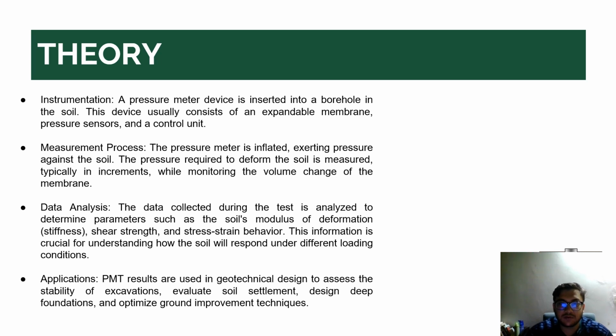The pressure required to deform the soil is measured, typically in increments, while monitoring the volume change of the membrane. The data collected during the test is analyzed to determine parameters such as the soil modulus of deformation, stiffness, shear strength, and stress-strain behavior. This information is critical for understanding how the soil will respond under different loading conditions.